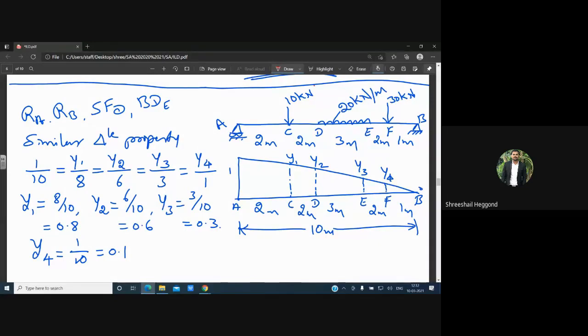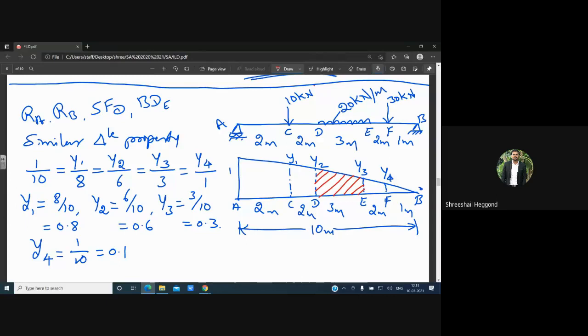But for UDL, you need to multiply 20 into the area under the load. That is this complete area, the trapezoidal area below. Ordinates are known, y2 and y3, that is 0.6 and 0.3, and the perpendicular distance between the parallel lines is 3 meters. The area can be easily calculated.